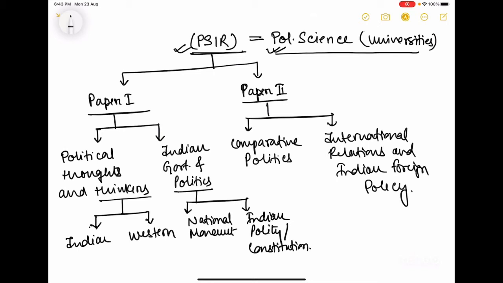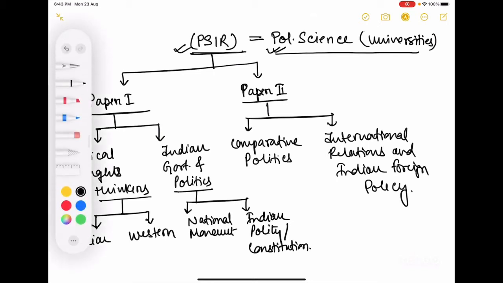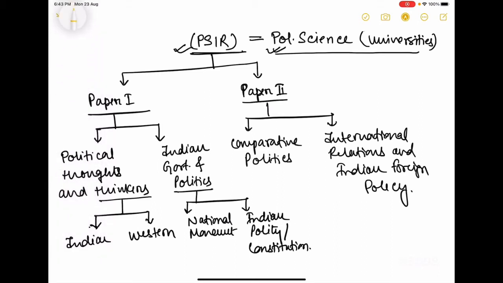Now let me tell you the differences and the detailing of each and every topic. First thing first, we will have to deal with the thoughts and the thinkers separately. All right? And the second thing is, we have to discuss this part absolutely separately. All right?